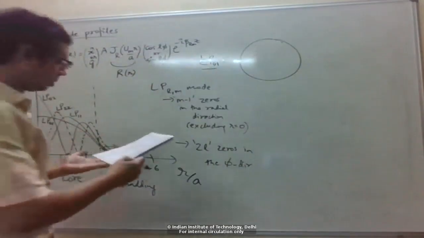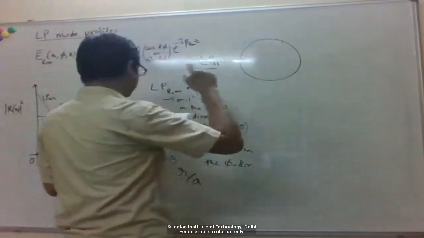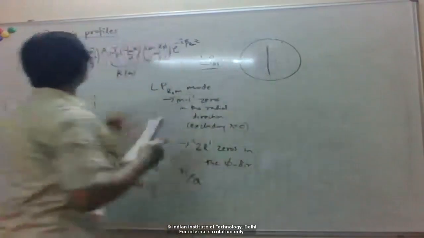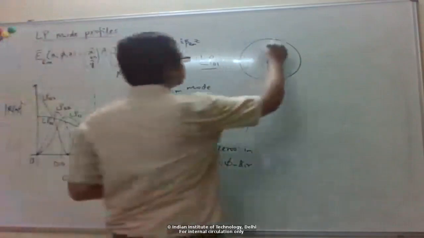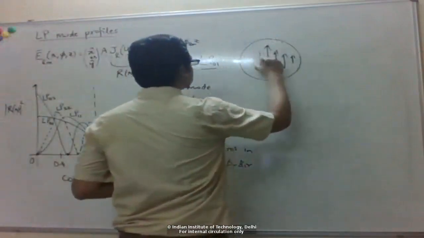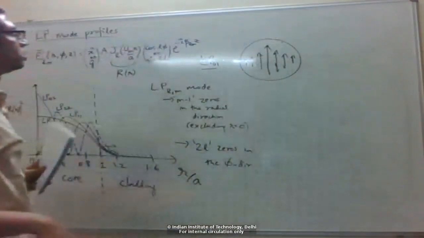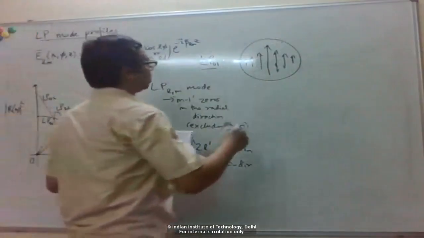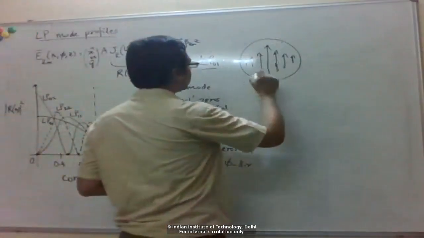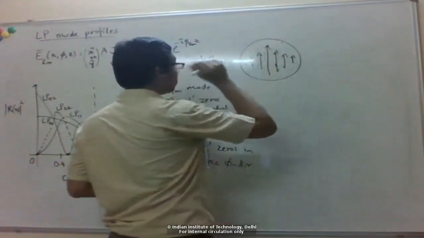So it just looks like a blob here with maximum intensity in the center, and the field is linearly polarized. So it looks like that, right? The height of the arrow denotes the strength of the field.